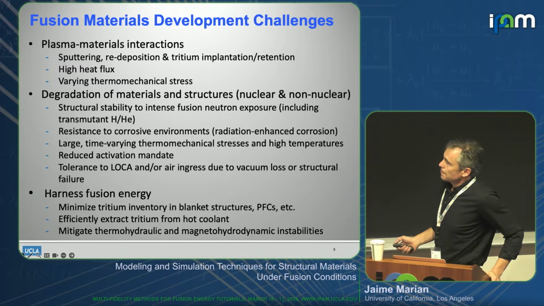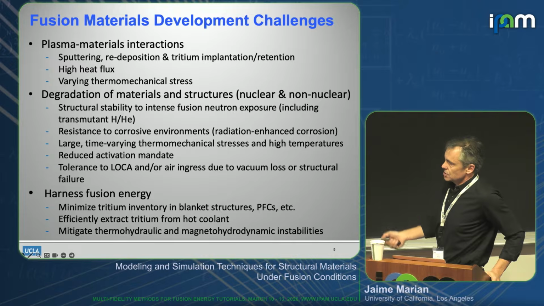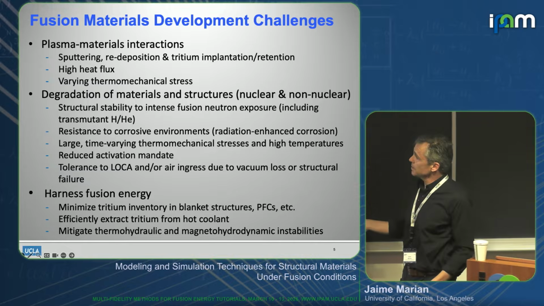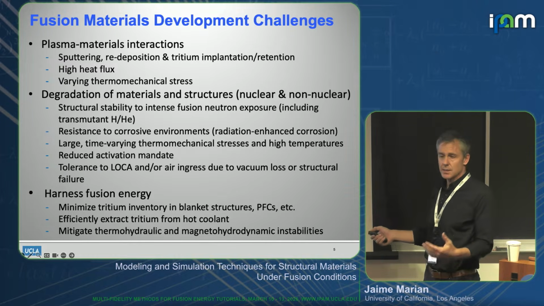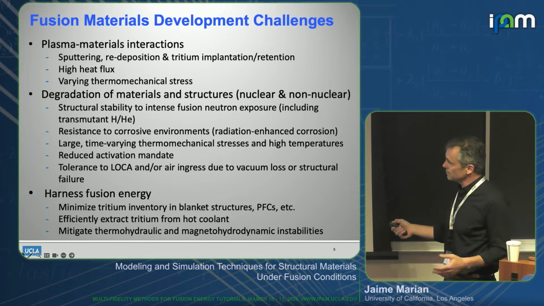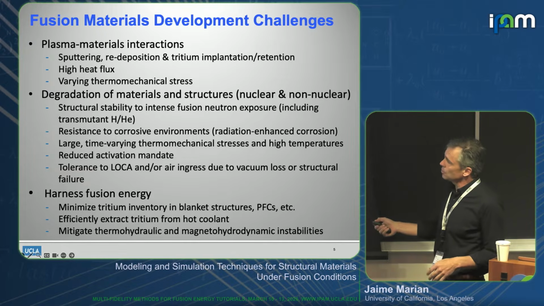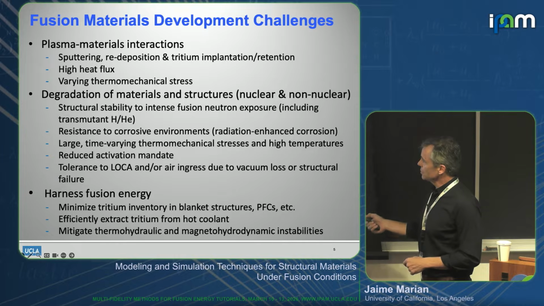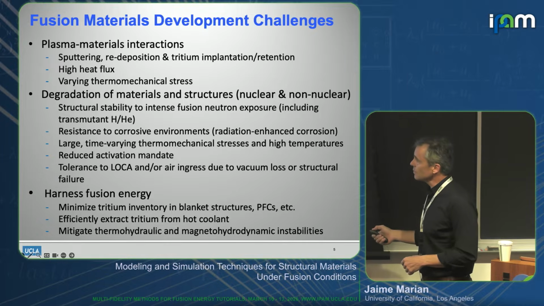All right, so what are these challenges? Just sort of listed here in a bullet list type of way. We have plasma materials interactions. This is more specific to MFE, but some of these are applicable to IFE as well. So we have sputtering, redeposition, and tritium implantation and retention.